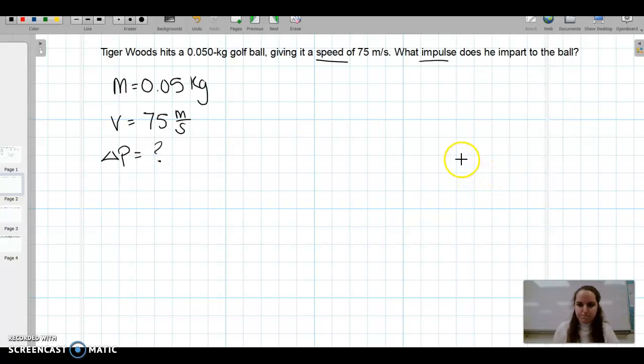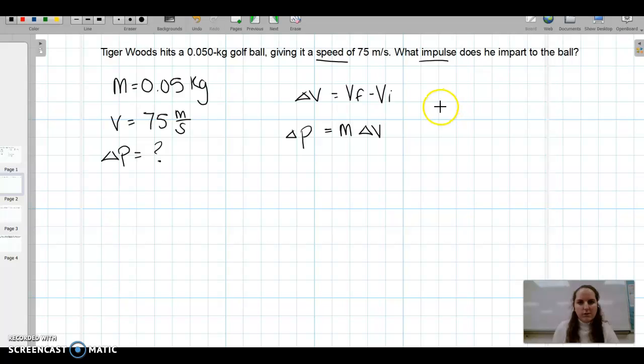In order to solve for the change in momentum, we need to solve for the change in velocity. That's because the change in momentum is equal to mass times your change in velocity, and right now we just have velocity. Our change in velocity is equal to velocity final minus velocity initial.